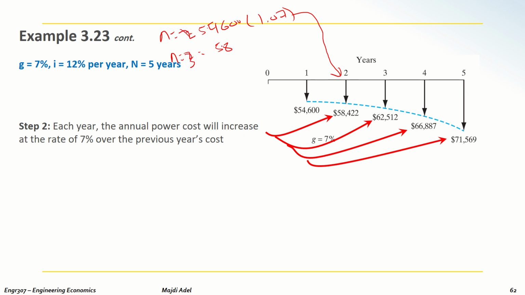At n equal 3, 58,422 multiplied by 1.07, I will get the cost of electricity at n equal 3. n equal 4, the same is going to be 62,512 multiplied by 1.07. You will get the power consumption at the end at n equal 4, and so on.